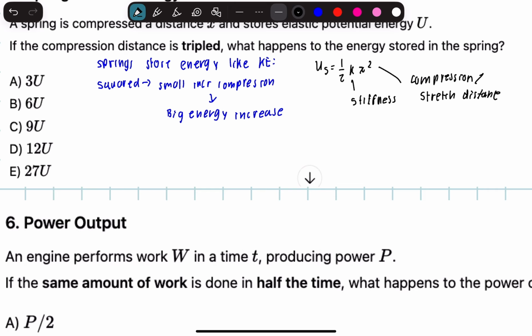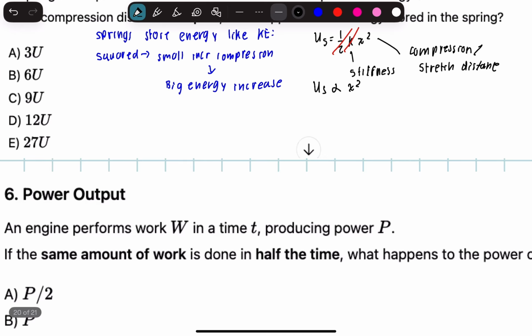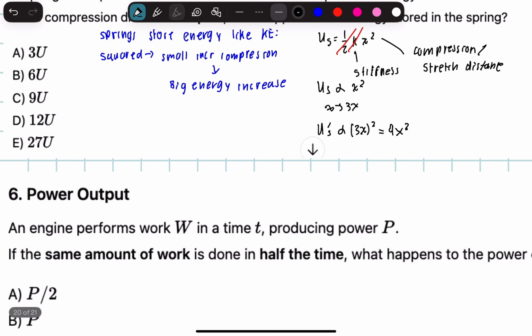So the proportional form of this is Us is proportional to x squared. So these cancel, and you change x to 3x, and then you apply the square. So you have Us is proportional to 3x squared. That's equal to 9x squared. And that's 9 times the original.